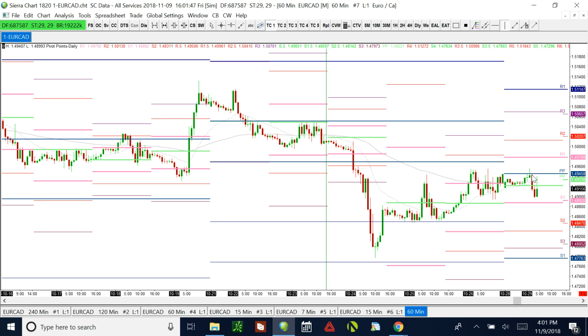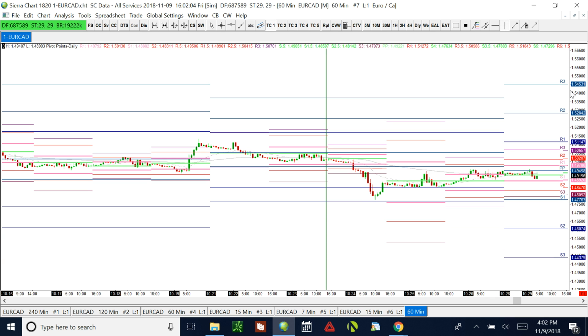As you'll see here, it's coming up here to touch the weekly pivot point, and the blue lines are my weekly pivot points. So I have daily pivot points, which are these red, pink, and green, as well as these blue lines, which are the weekly. And if we adjust, you can see our R3 and R2 and R1 on our weekly pivot.